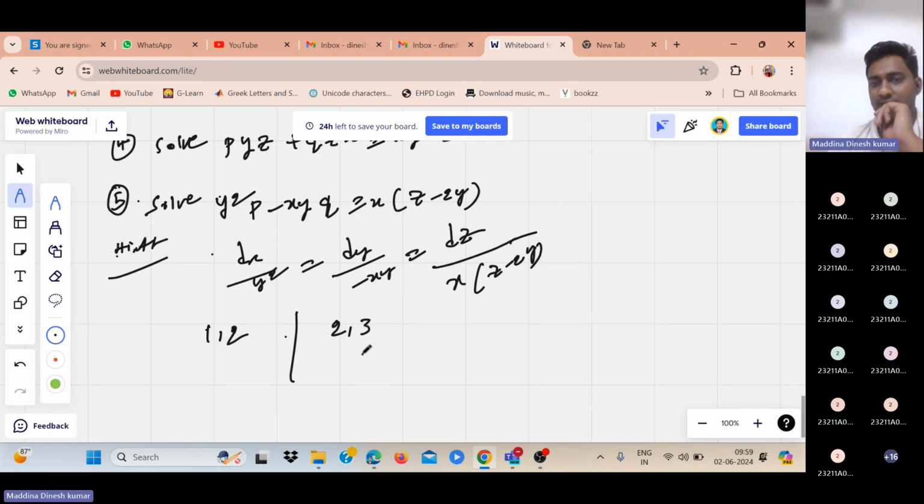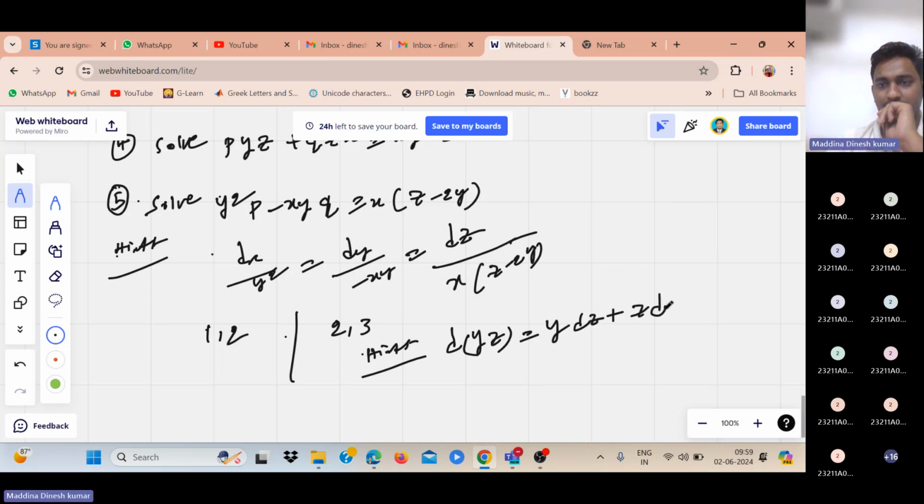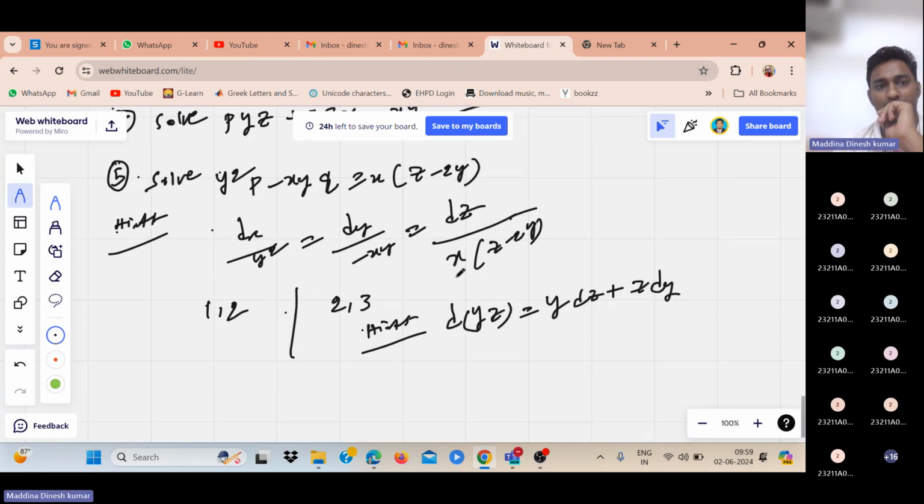So in 2 comma 3 the hint is cross multiply: d of yz equal to y dz plus z dy, okay? So this is the hint for this problem, so you people can practice. So I will proceed further.